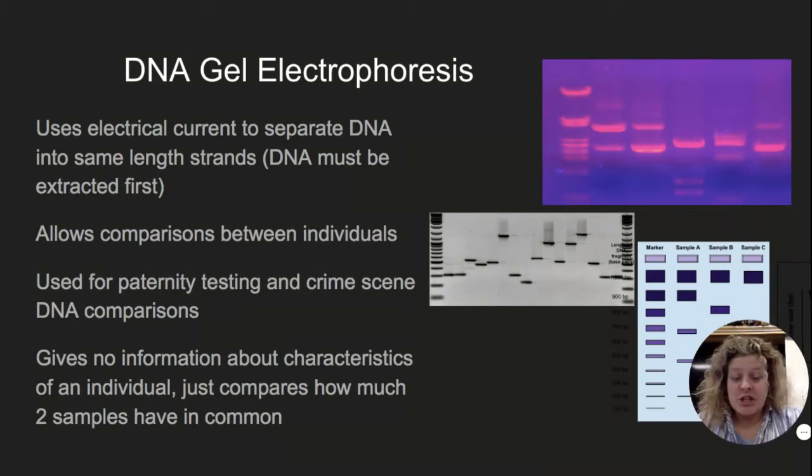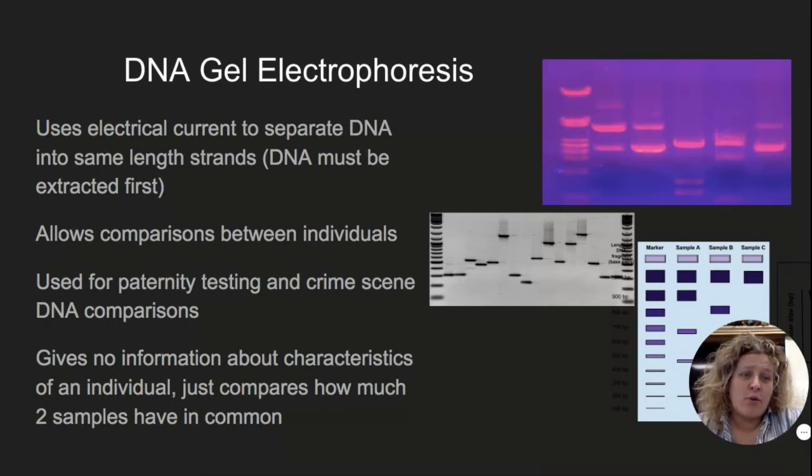Now, gel electrophoresis doesn't give you any information about the characteristics of an individual. It just shows you how much DNA two samples have in common. So it is useful because we know how much DNA we expect parents and their offspring to share, 50%. We know how much DNA we expect siblings to share. So it's great for finding family.